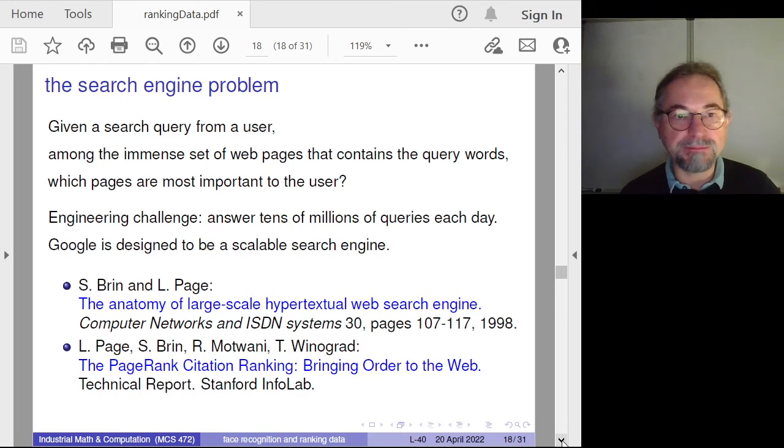So the first paper that is cited here describes more the engineering problems. I will be following the second paper in defining the PageRank, so how one can essentially reduce this to an eigenvector computation.